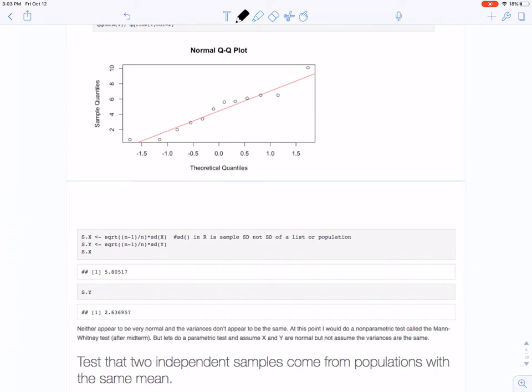So based on this, I probably would not do a parametric test. I would do a non-parametric test called a Mann-Whitney test that we'll do soon. But since we don't know about non-parametric tests yet, let's just do both an unpaired and a paired test and see what difference we have.